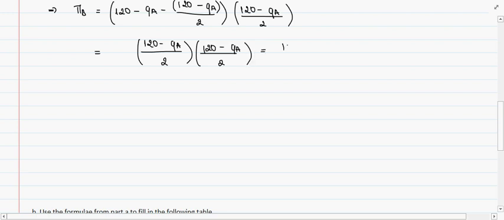So that is going to give me (120 minus QA over a half) squared. Okay, now 120 over 2 is just 60, and 1 over 2 is just a half of QA, and everything squared. Alright, so that is the profit function for firm B in terms of QA.